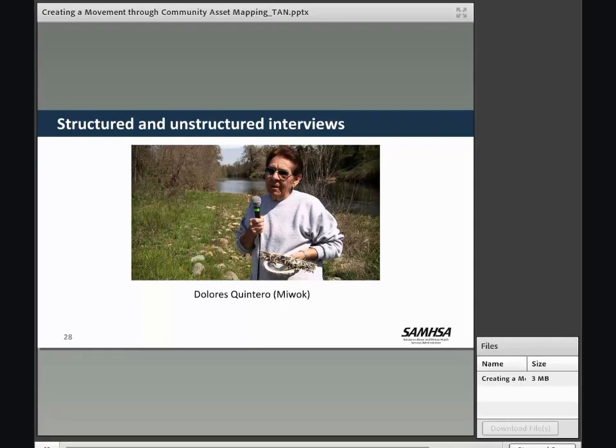For an unstructured interview, the interviewer can introduce the idea of community asset mapping and the community assets being mapped, and then there can be some discussion around that with the individual or with a group. But in both a structured or unstructured interview, you'd want to take notes so that the information can be gathered and then put onto whatever community asset mapping tool you choose to use.